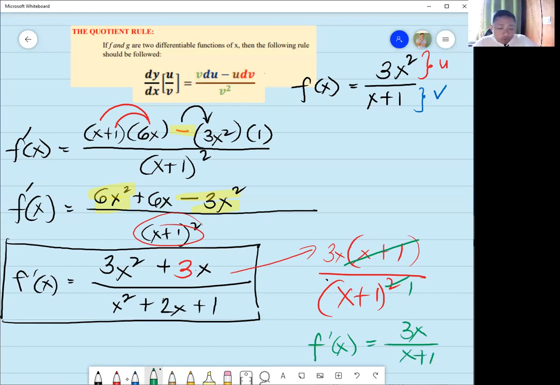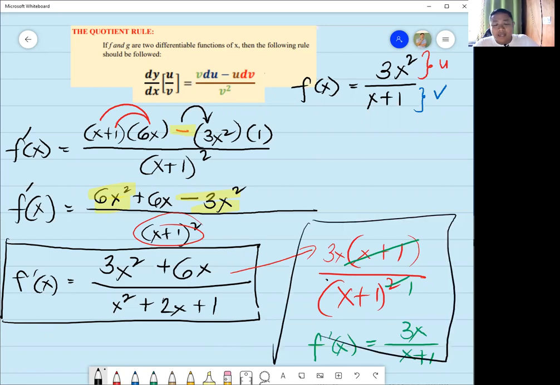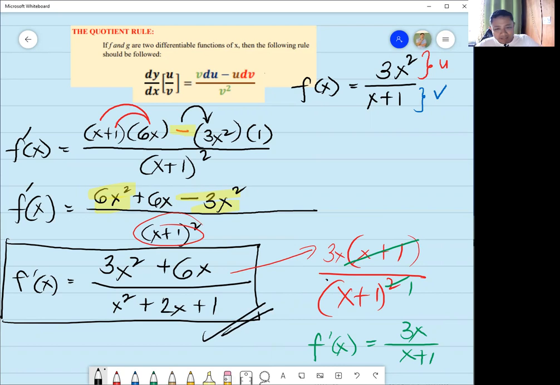That is only if 3x were the answer here. But since it's not 3x but 6x, and it's a different one, we have no other choice, and this is the final answer. Can you follow? If it can still be simplified, you can simplify it. If this had happened, it would still be possible. But the story is different. So this will already be your final answer.